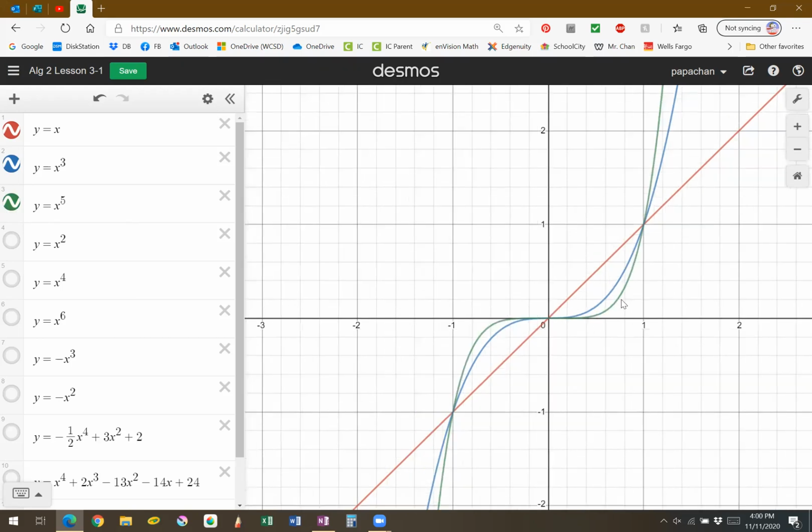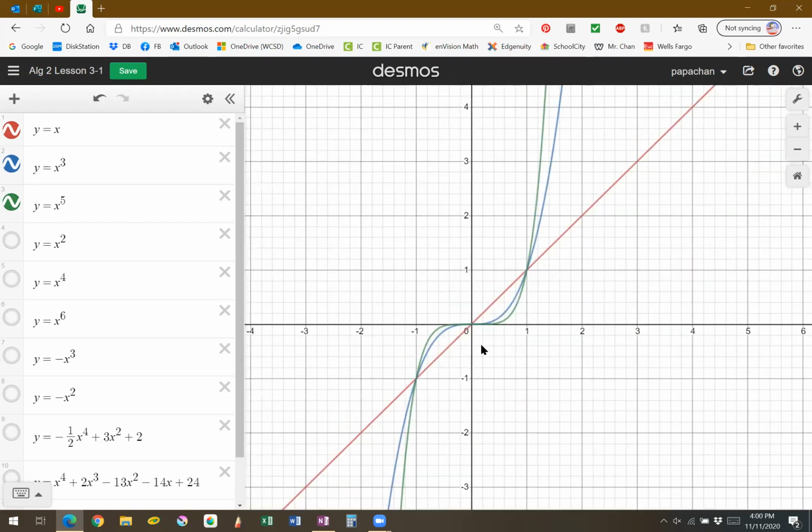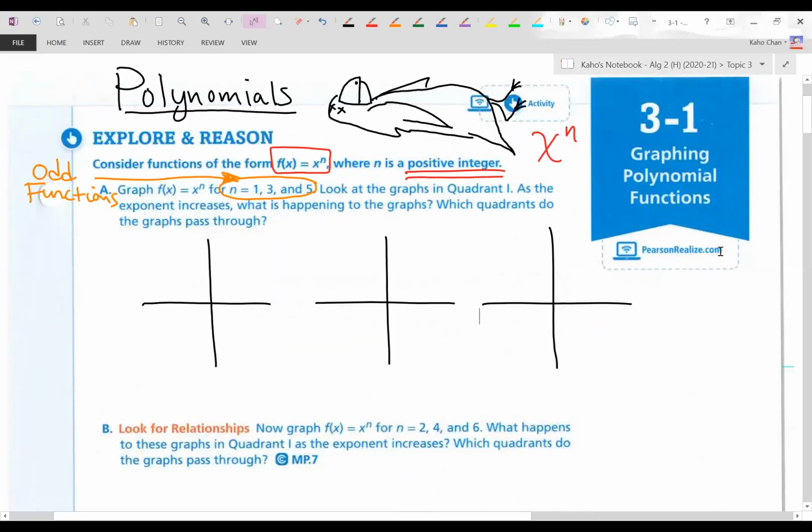So you notice something kind of interesting. This particular function from the origin goes up to the right, goes down to the left of the origin. That's a characteristic. Let me draw that on our note taker. Here we go. So we have x to the first. We have x to the third. We call that a cubic function. And we have x to the 5th.